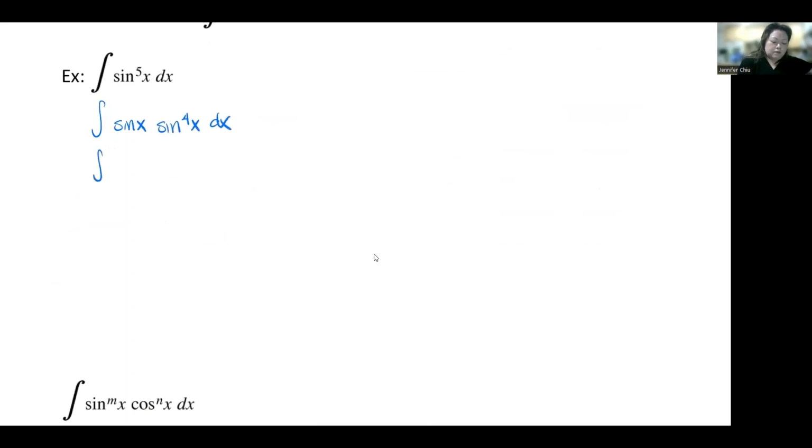Now, sine to the fourth x is really sine squared x, squared, dx, like so. And so you actually don't want to change the sine squared to the identity that we're showing you up there, because it will make it a little bit worse. So what you want to do now is use your Pythagorean identity. Your bread and butter is the Pythagorean identity of sine squared x plus cosine squared x equals 1.